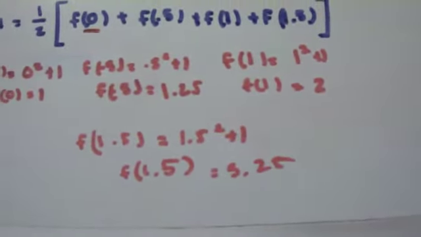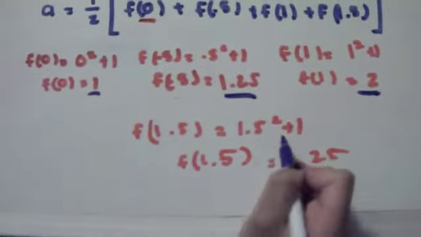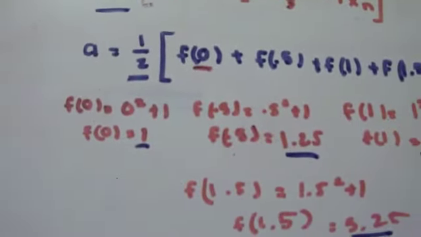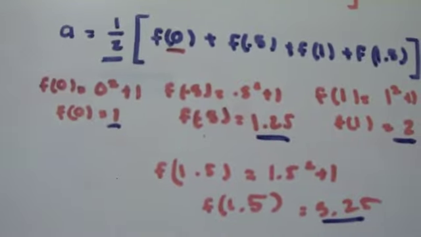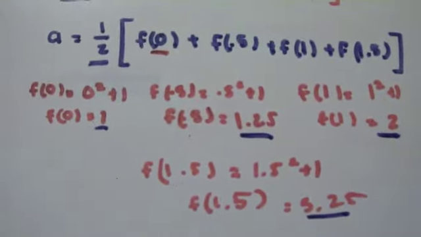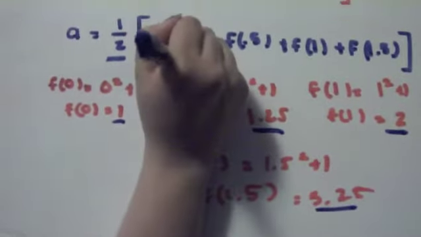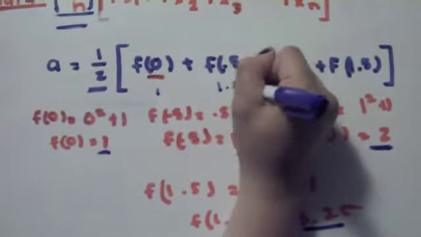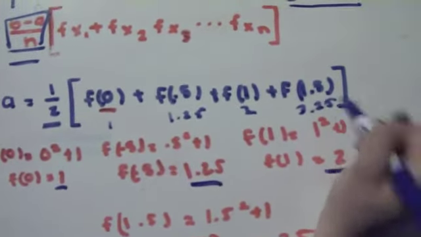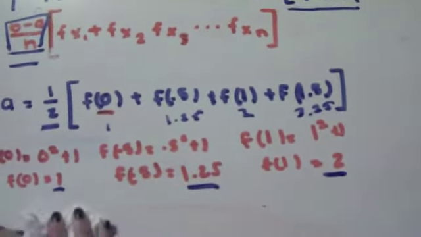And since we have all of our y values, or our heights, and of course our base, we can now plug these values into our formula, which is, let me just write this down here because I didn't leave space.